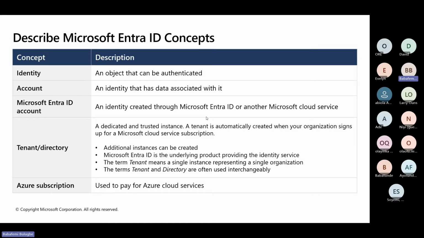Then we'll move on to what we call a tenant. Like I said, every organization in the Azure environment gets a tenant. So when you create an organization, you create a tenant. A tenant means a single instance representing a single organization, so your organization is referred to as a tenant in the cloud. Now, we have what we call a directory.